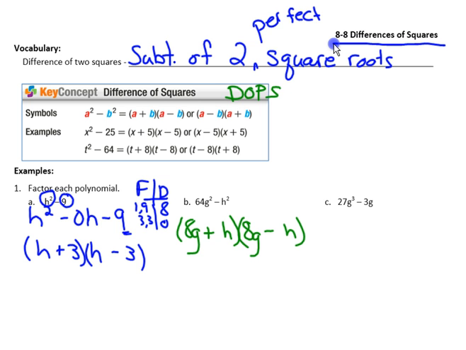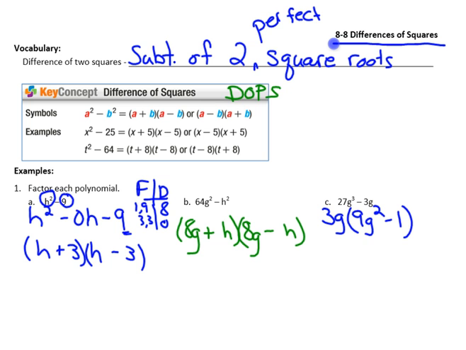Now, we're going to actually get a little flow chart that goes through and has you check different things. So when I look over here at C, I'm like, okay, these are not perfect squares. But the one thing I always have to check for is, is there a greatest common factor? And I can pull a 3g out of here, which means I'm left with 9g squared minus 1.